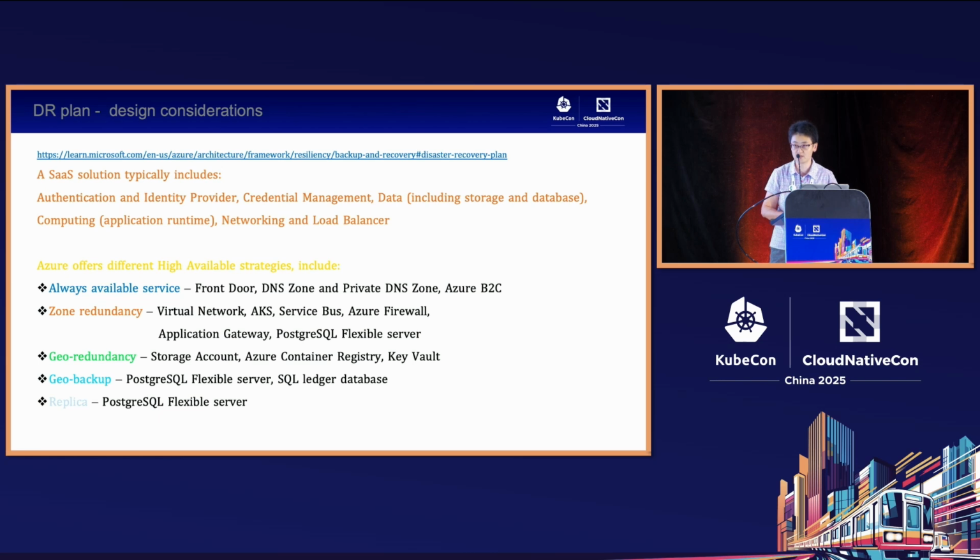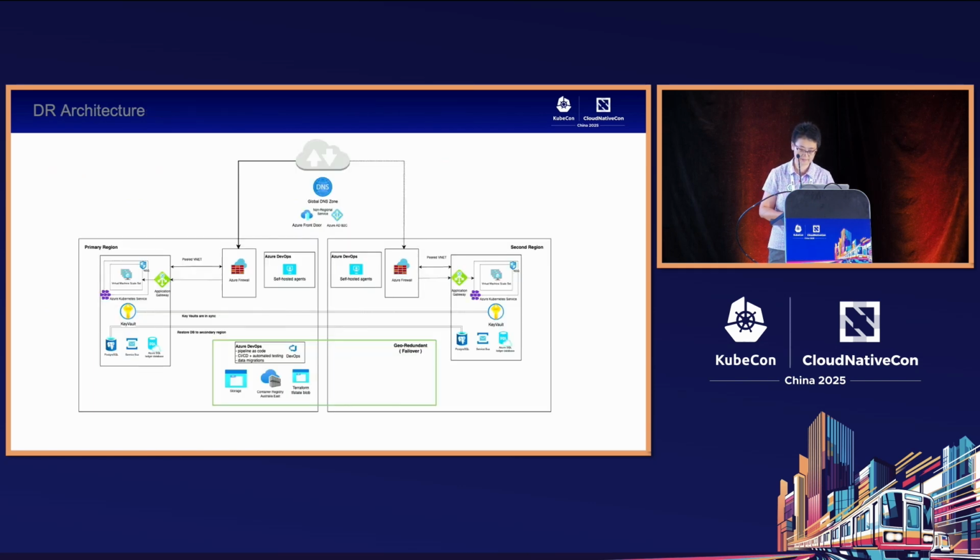Our SaaS solution utilizes PaaS services for most of the components on Azure. They are managed by Azure and at least zone redundant. So our solution can always be up to date and always up in case of availability zone failure, but will be affected in case of complete region outage.